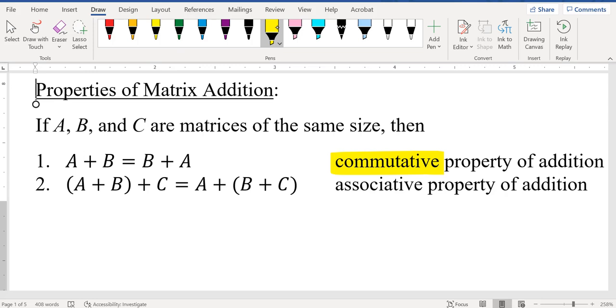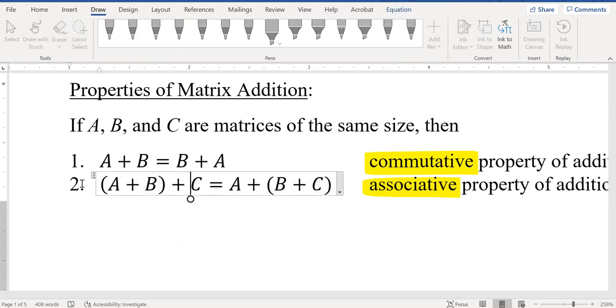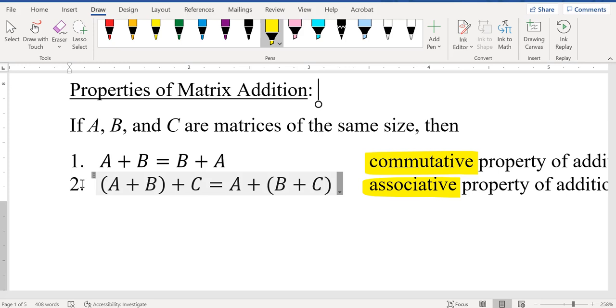Also, matrix addition is associative, meaning you can add the matrices A plus B first and then add matrix C, or you can add matrix B plus C together and then add it to A. So matrix addition behaves like we're used to addition behaving, is the point I want to make.